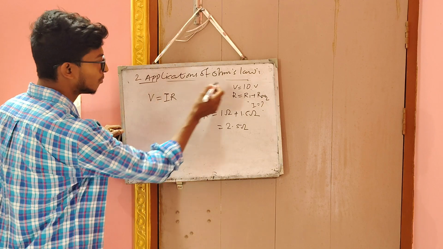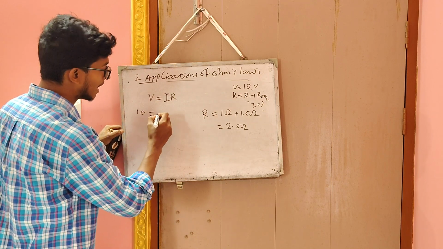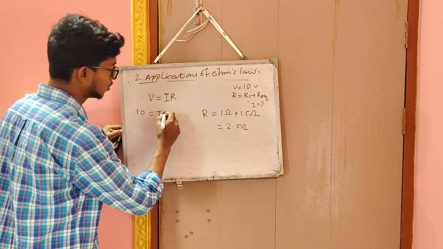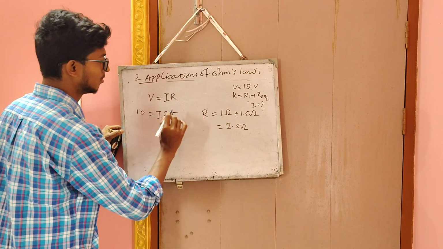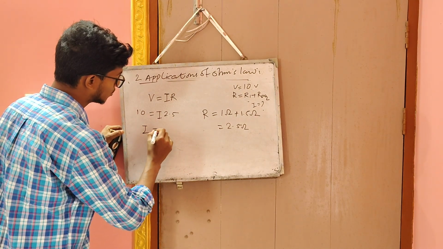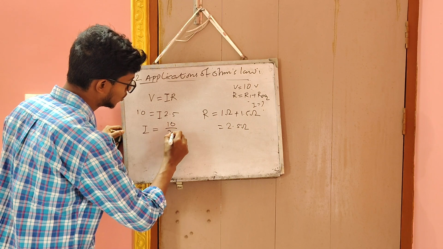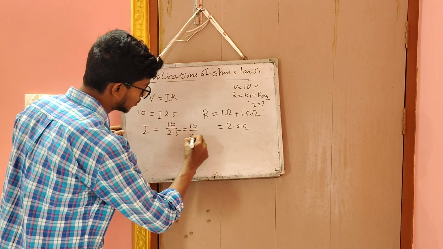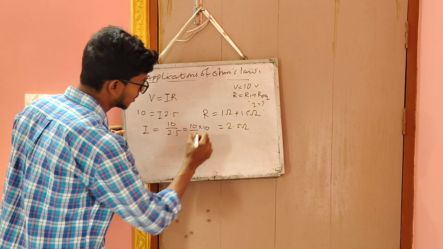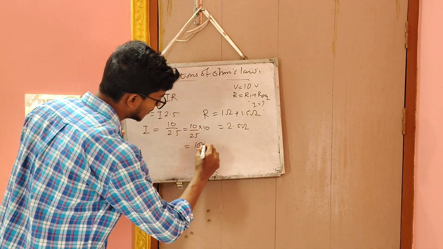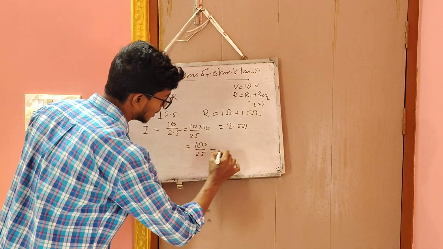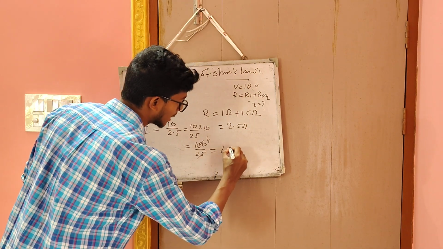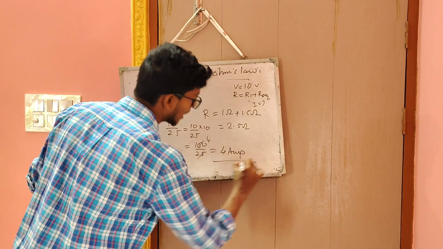We put the value of voltage 10 and R is equal to 2.5, so I is equal to 10 upon 2.5. Now 100 by 25, so we get 4. So the amount of current flow through the conductor is 4 ampere.